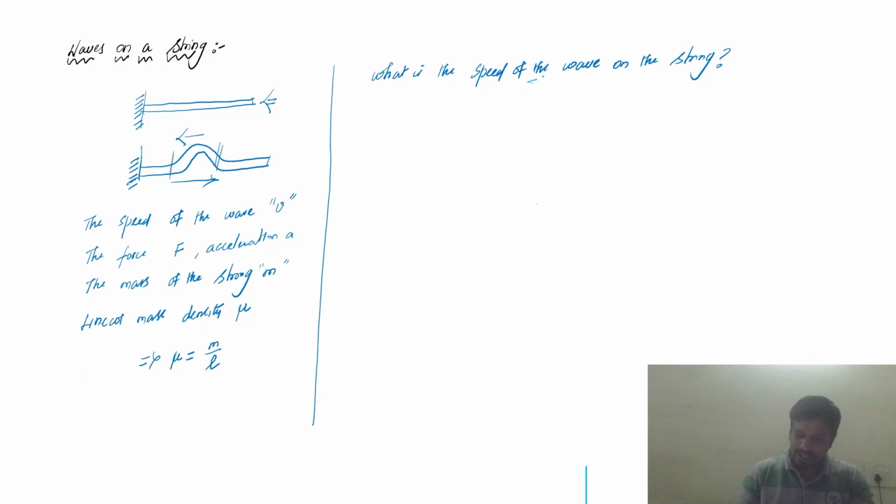For that purpose, we are going to take a small cross section of the string when the wave is propagating with a speed v. The small cross section, I am drawing it here.